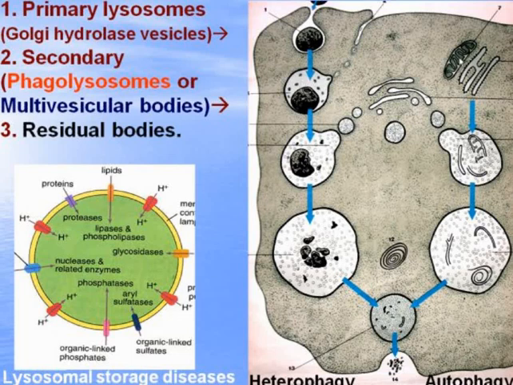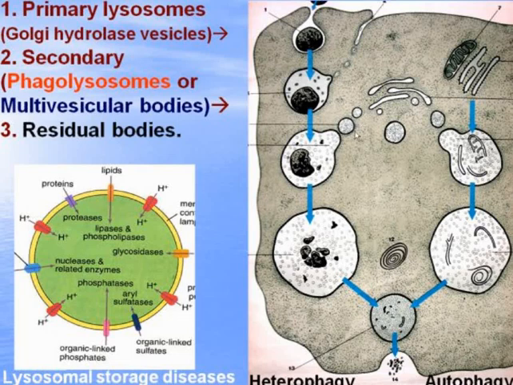And if old, defective organelles like mitochondria or a fragment of endoplasmic reticulum are covered by membrane, it is called an autophagosome.